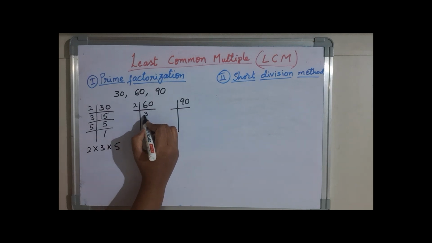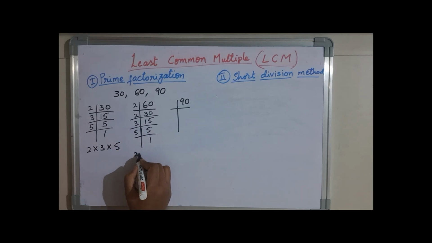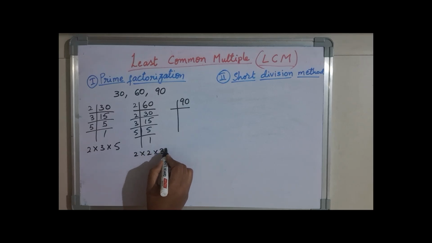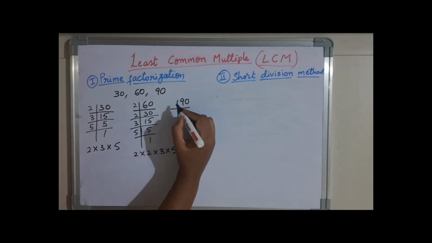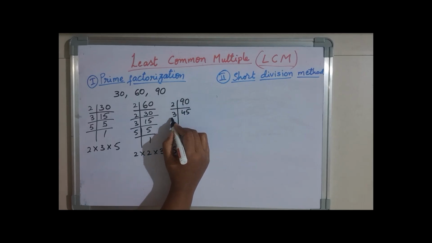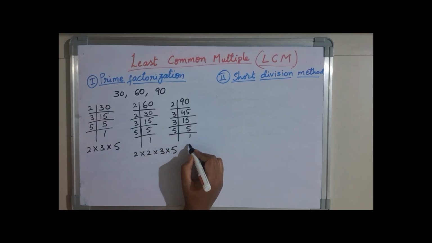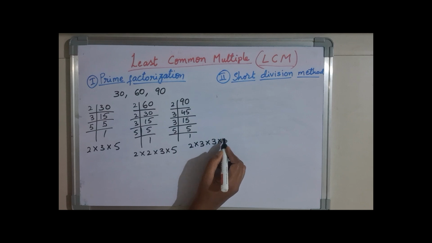For 60 we have 2 into 2 into 3 into 5, and for 90 we have 2 into 3 into 3 into 5.